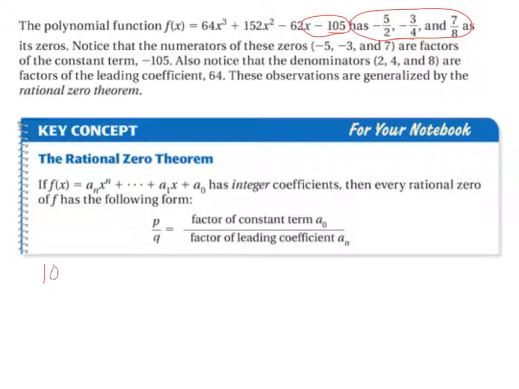I can do 105 and split it into 5 times 21 and 3 times 7. So negative 5, negative 3, this can be positive or minus, this can be plus or minus, this can be plus or minus. My constant is a negative, so all of those are true.